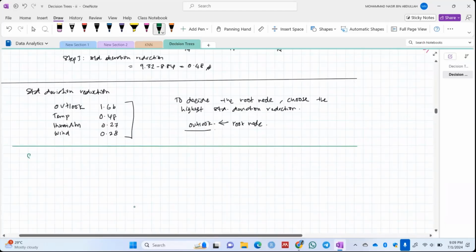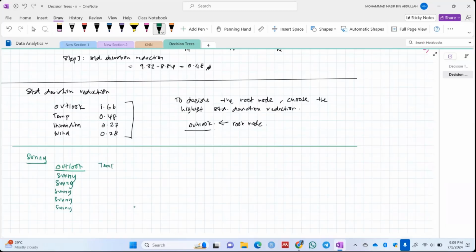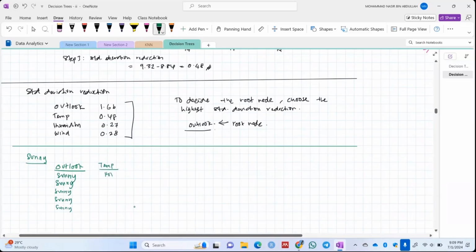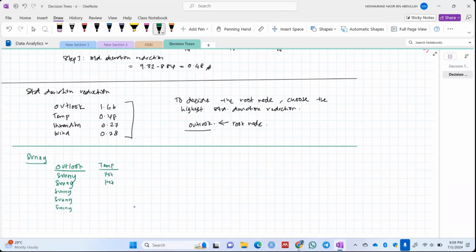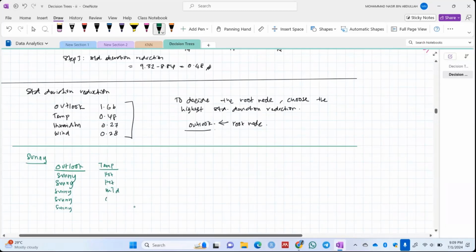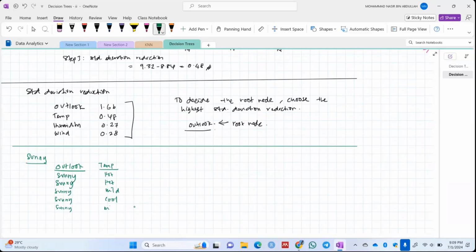So Sunny, let's look at the data, outlook. We have Sunny, we have 5 data. Temperature: hot, hot, mild, cool, mild. This is humidity.